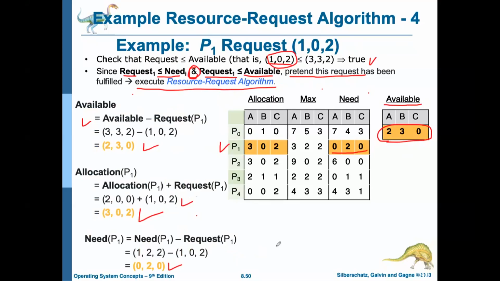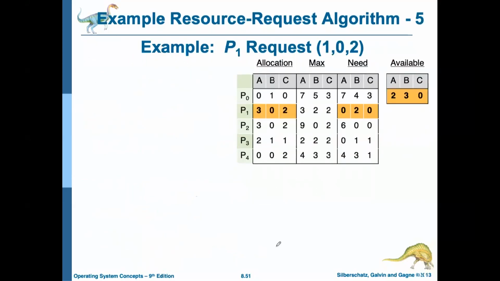After that, step 2: work equals available, 230 right now. We continue and go to P1 again. Check with the work variable, the values 2, 3, and then check with the needs.